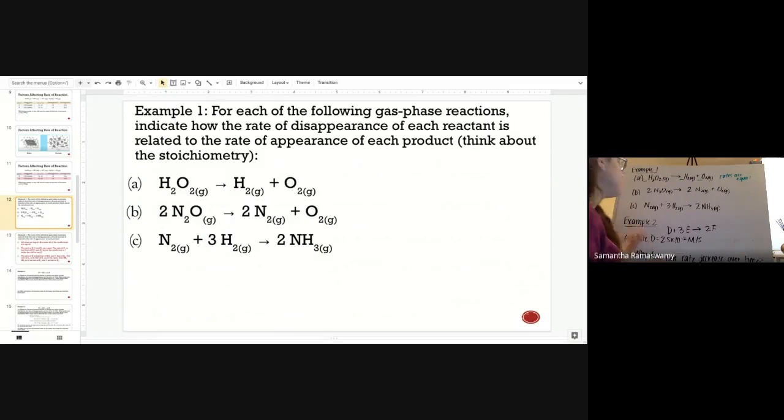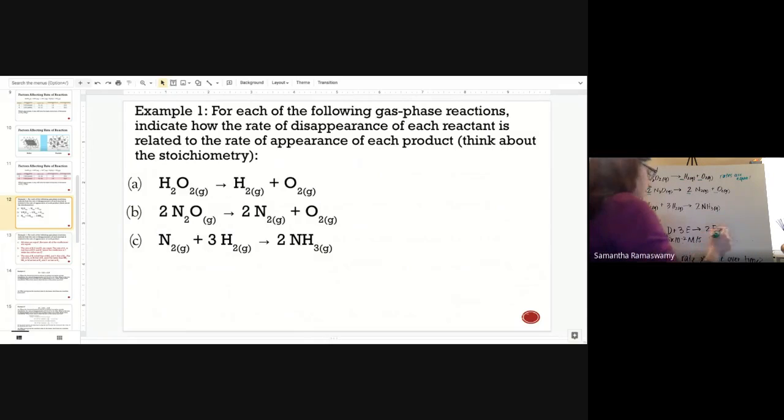For 1B, let's take a look again at the coefficients. When you see the words appearance or disappearance, that should immediately tell you to look at the coefficients. N2O and N2 have the same coefficient, so their rates are equal.